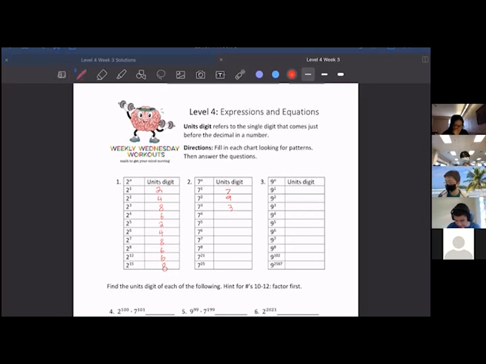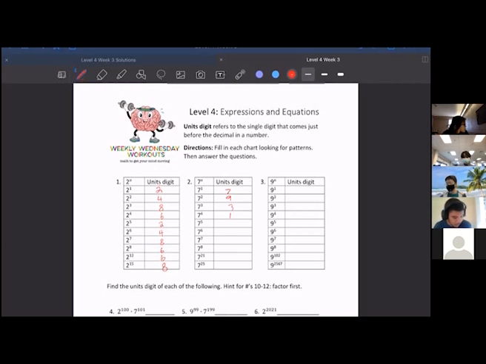What you can do is just take the units digit of 7 to the third, which is 3, and then multiply that by 7. And that's easy. That's a lot easier to do in your head. So okay, the units digit of that is 1.